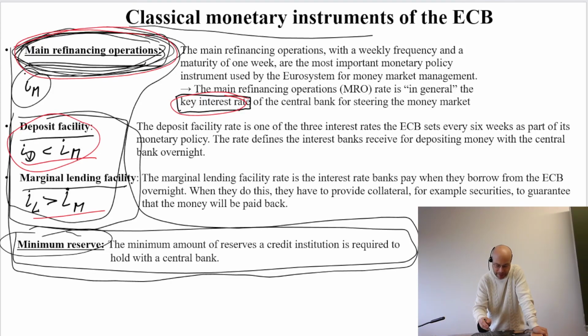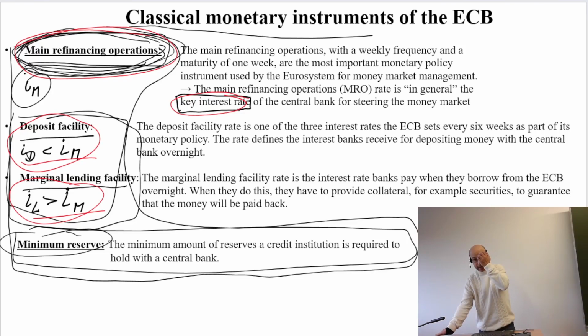And the other way around: if my cash management didn't work and I need money because of the reserve requirements and I don't have the central bank money, then I always could go to the central bank and ask them for additional money, but now, of course, for a higher interest rate than the key interest rate, and therefore also a higher interest rate than the market interest rates.